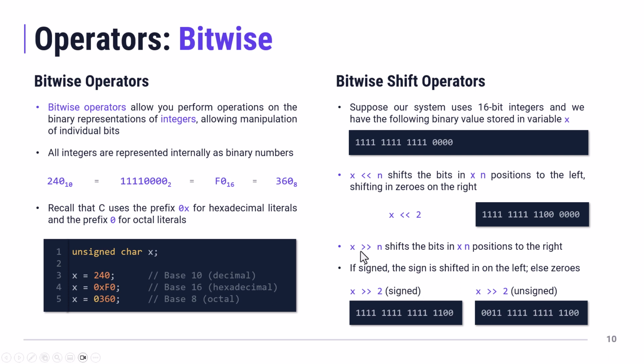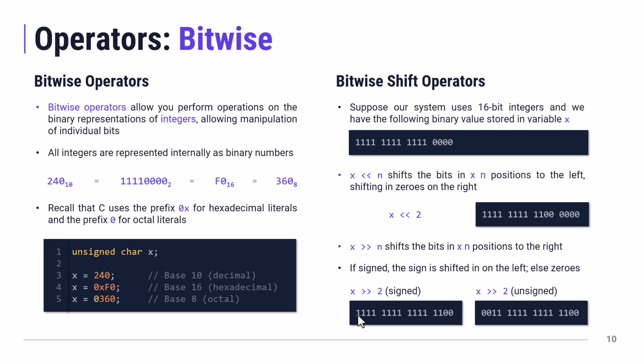Same idea here with the right shift. We're going to shift the bits in x n positions to the right. The difference being here that if it is signed, in other words, if it's a negative number, then it's going to shift in the sign on the left side. So if it's a positive number in a signed variable, it'll shift in zeros. If it's a negative number, it'll shift in ones.